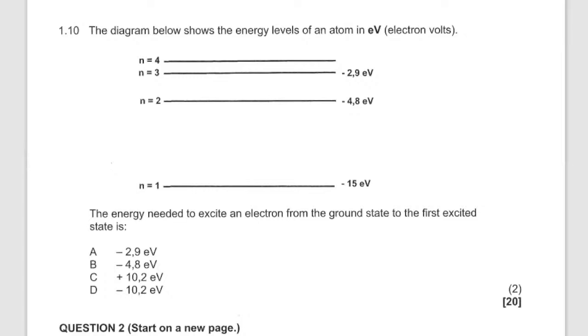Okay, so this question, remember from the scope that we have, this was scrapped out. But what would be the answer? Energy needed to excite the electron from the ground state. I'm not even going to think of this.